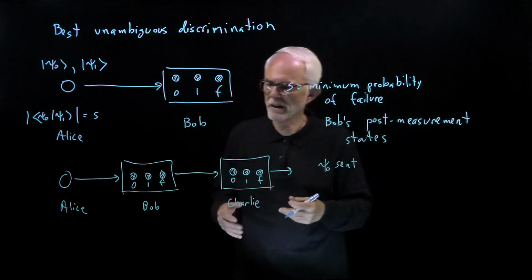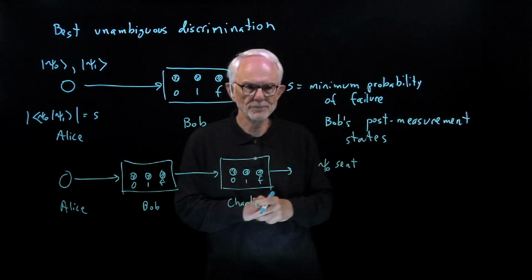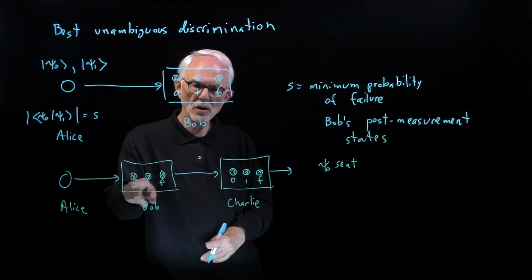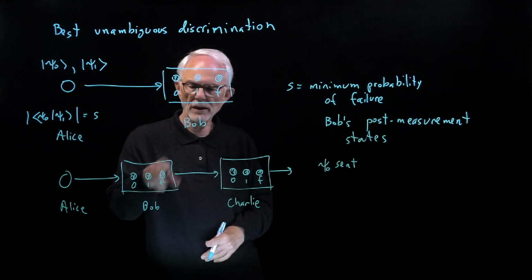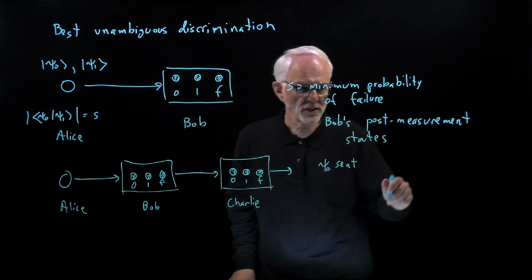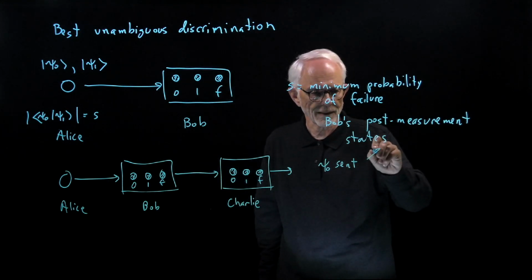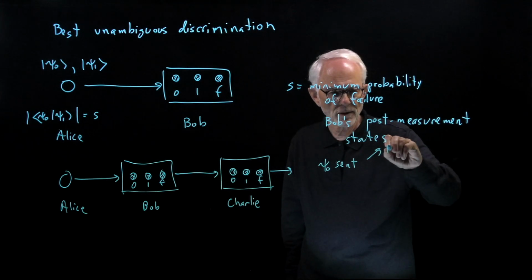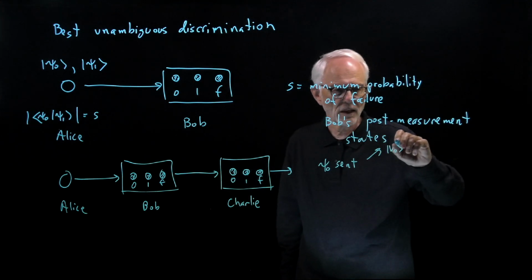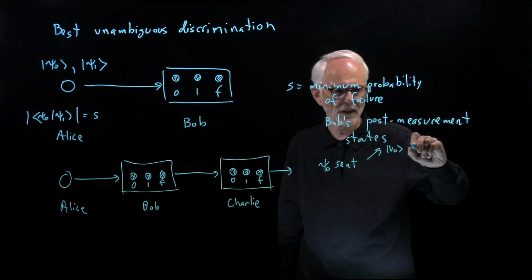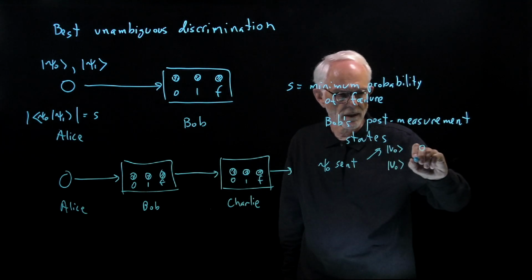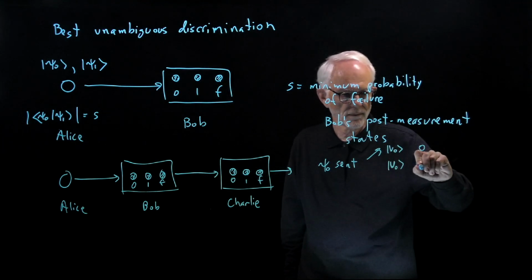He's going to do a measurement, and then he's either going to get 0 or he's going to get fail. He'll never get 1. So if psi0 is sent, let's call the state V0 if he got 0, and we'll call it U0 if he got fail.